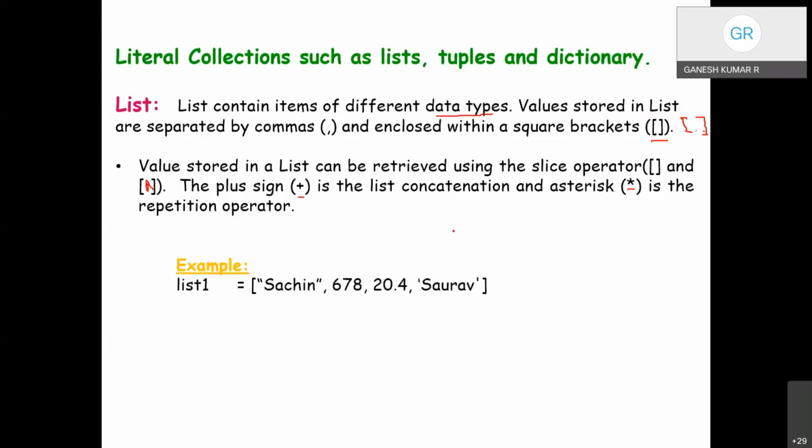For example, list one has a combination of different data types: a string 678, an integer value, 20.4, a float value, and Saurav, a string value. Different data type elements integrate to form a list, separated by commas and enclosed within a pair of square brackets. Such a combination is called a list.